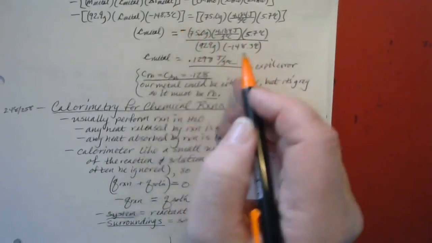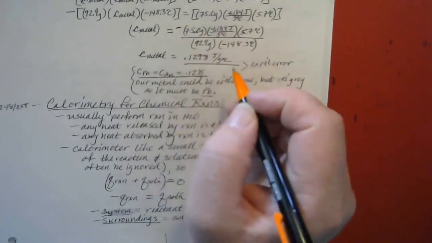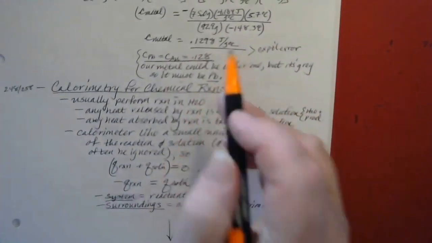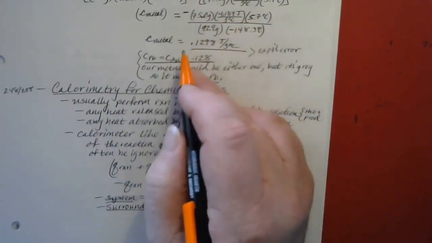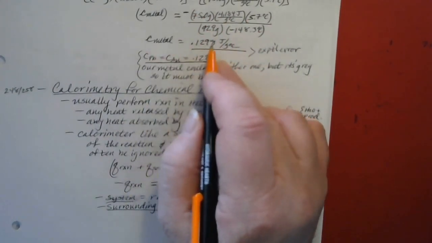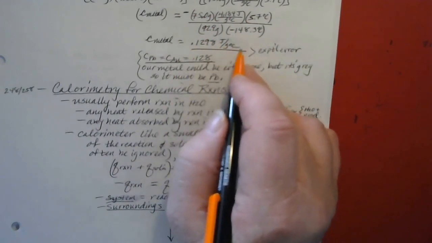And it's lucky that we have two negatives on the right-hand side because specific heats are always positive. So when you take the negative of the negative, you'll end up with a positive number. And when you multiply all of this out, the specific heat of the metal becomes 0.1298 joules per gram degree Celsius.